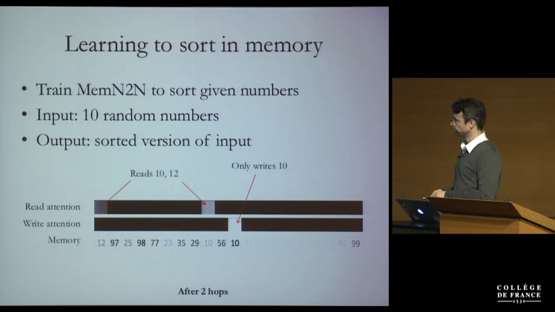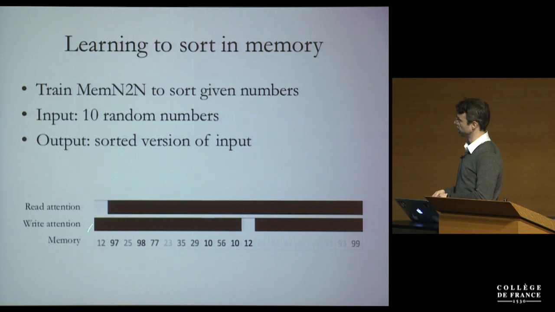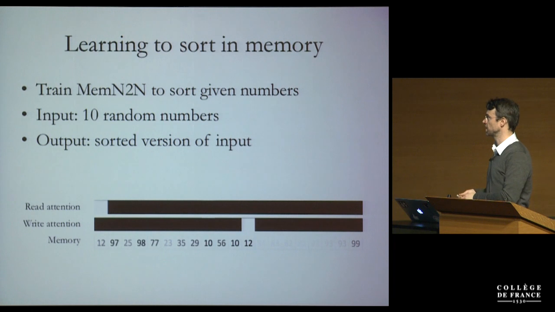Initially, it reads these two values, 10 and 12, and then the model decides to write only the 10 to this particular slot. Then at the next time step, it attends to 12 and writes it to the next slot. Of course, it's not the value 12, it's the embedding vector that corresponds to 12. Every entry in memory is a multi-dimensional vector.